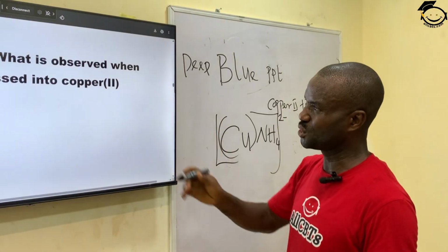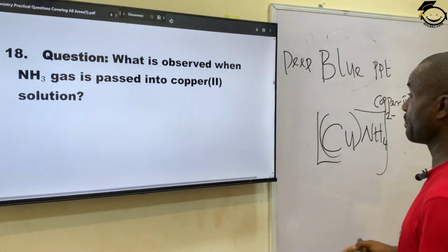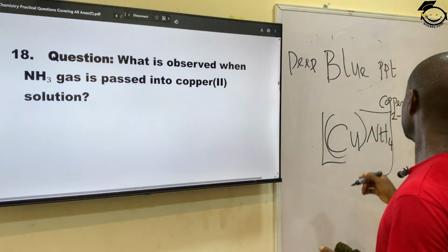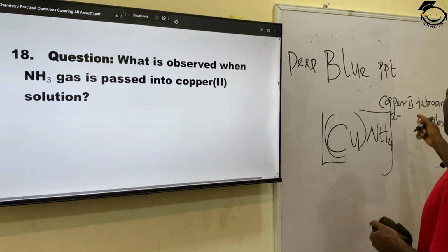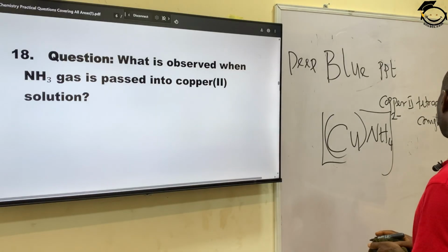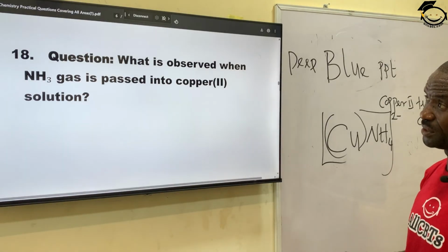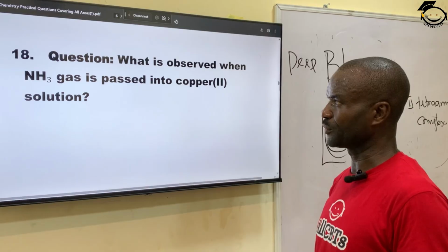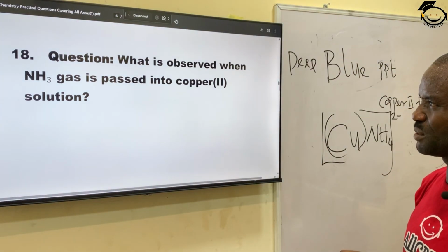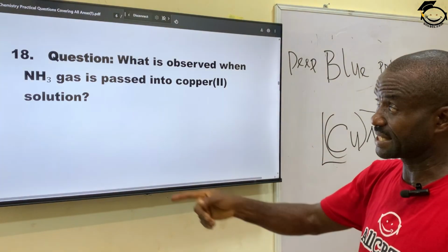When you continue to bubble the gas in excess, the precipitate will dissolve to form a complex ion called copper II tetraammine. So a deep blue precipitate will be formed, which will be soluble in excess of the gas.